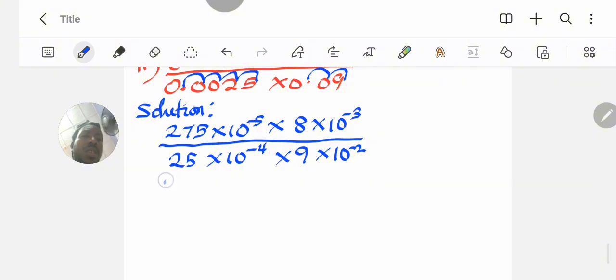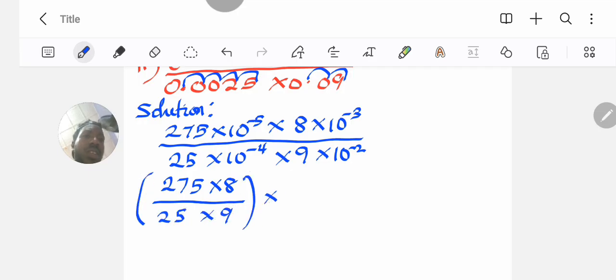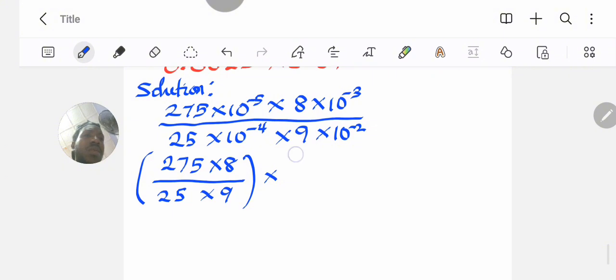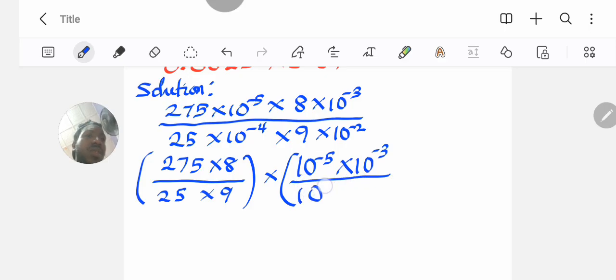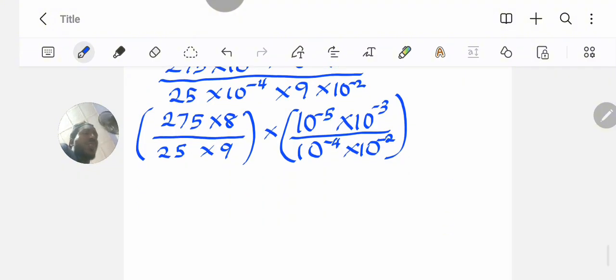And from here, we have 275 times 8 divided by 25 times 9 in one bracket, times we have 10 raised to the power of minus 5 times 10 raised to the power of minus 3 over 10 raised to the power of minus 4 times 10 raised to the power of minus 2. Alright, so from here, let's see if 275 can divide either 9 or 25 perfectly.